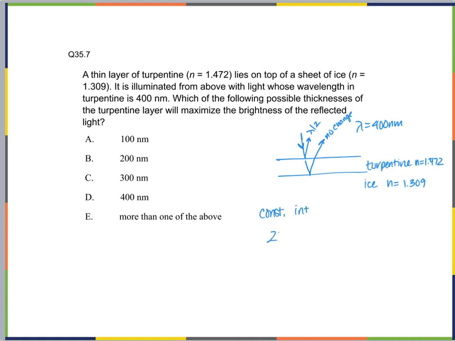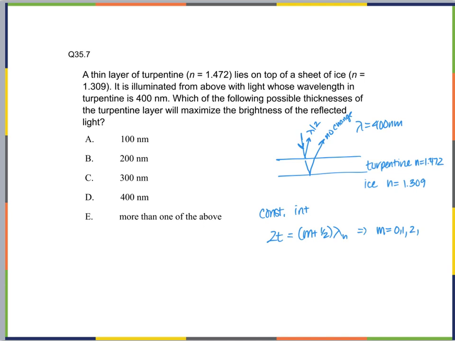We need the difference in the path length to be equal to some half wavelength, because we have to get them back into phase with each other. This is lambda sub n. So our thicknesses, this is going to be with m equals 0, 1, 2, etc.